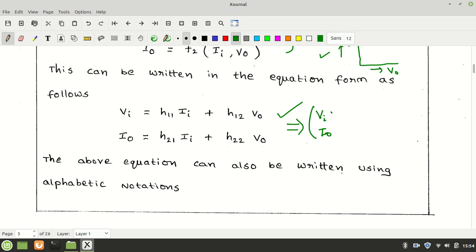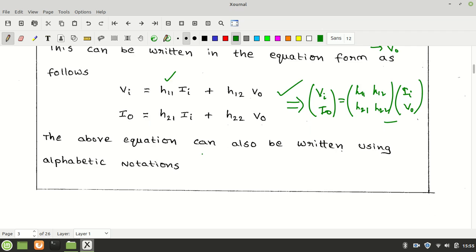So the symbols are written in the matrix terminology, that is H11, H12, H21 and H22, where the column vector is II and VO. So it is written like this. So the meaning of these symbols, those 4 H parameters, is justified.